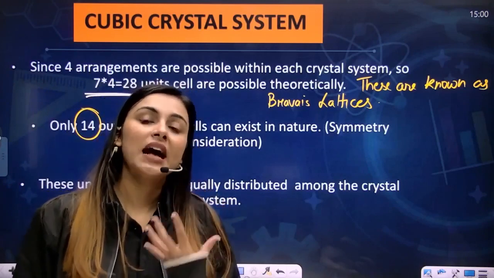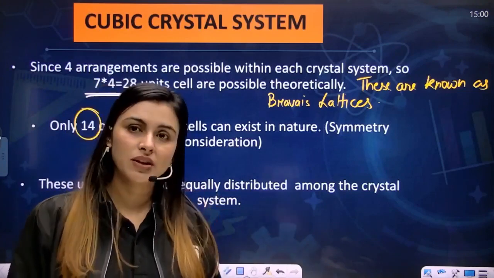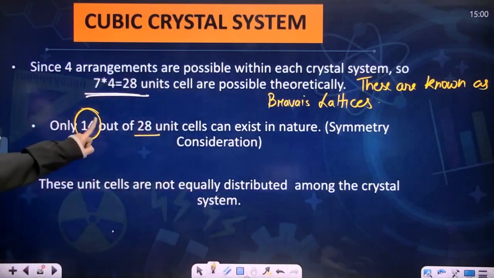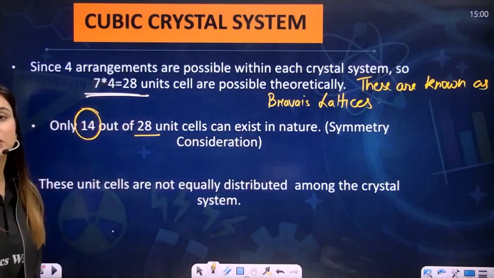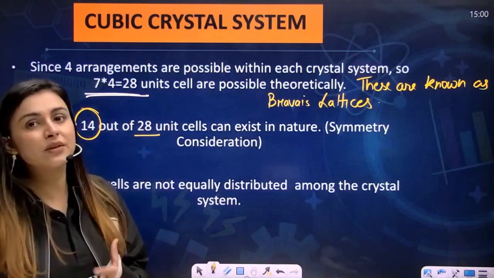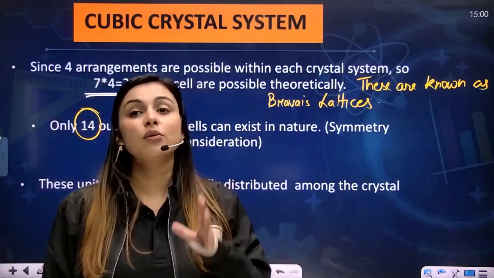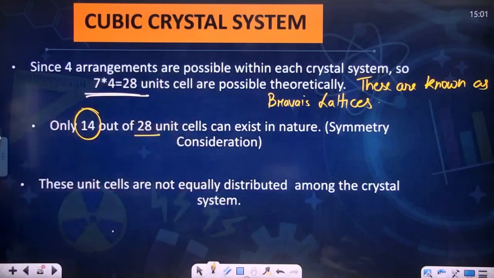These 14 have symmetry, the others do not, and our universe loves symmetry. So only 14 out of these 28 exist in nature. These unit cells are not equally distributed. We'll see which of the following are possible, and you have to learn that as well. Okay, pause the video, write it, and then we'll move forward.